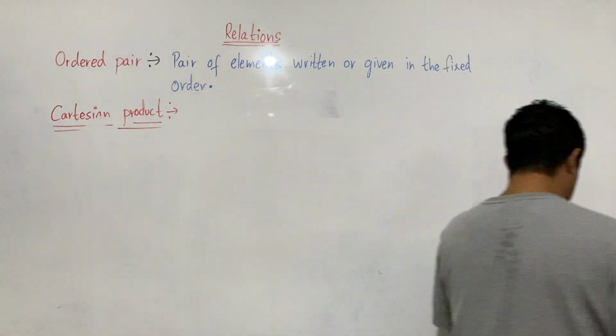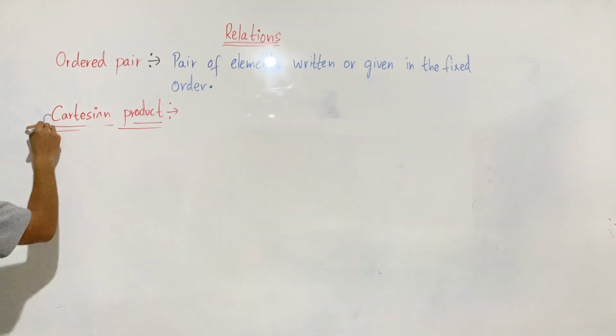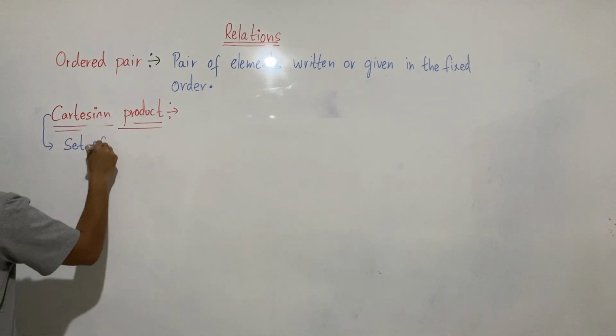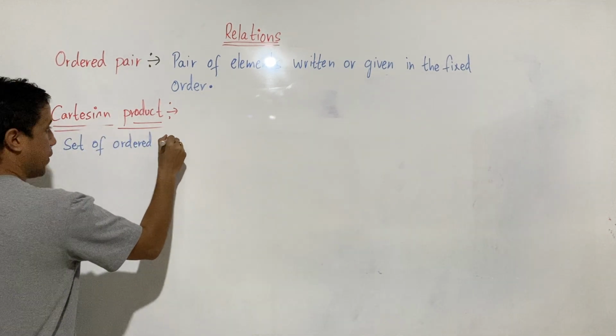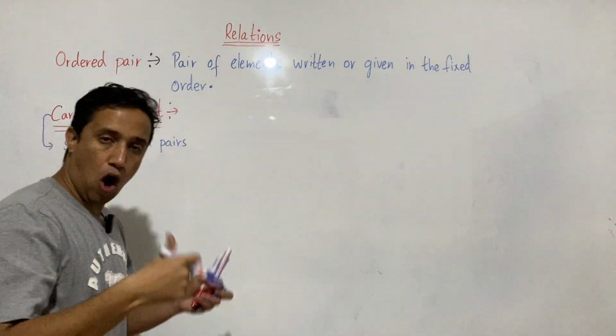Okay, so what I can write here is that the Cartesian product is the set of ordered pairs, right? And how do we form these ordered pairs?